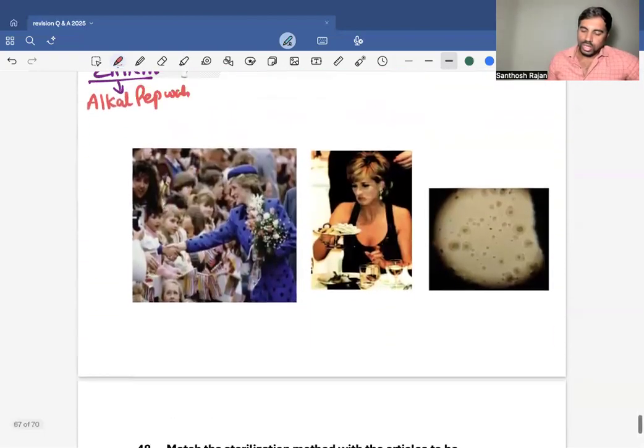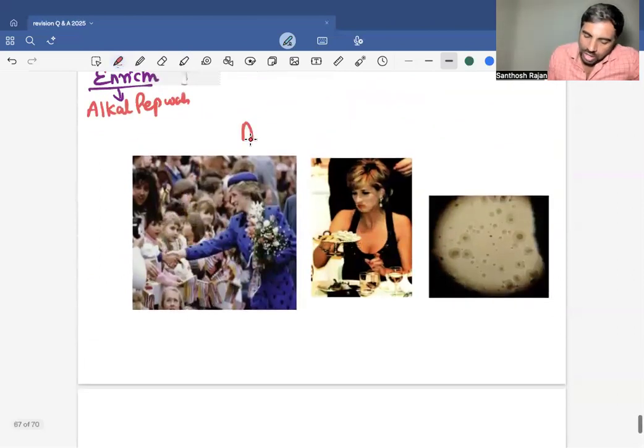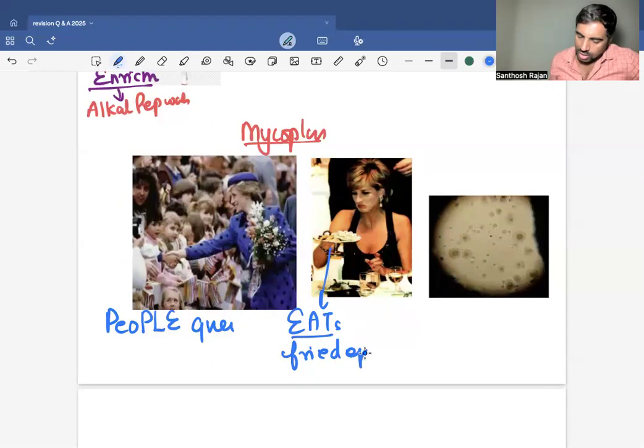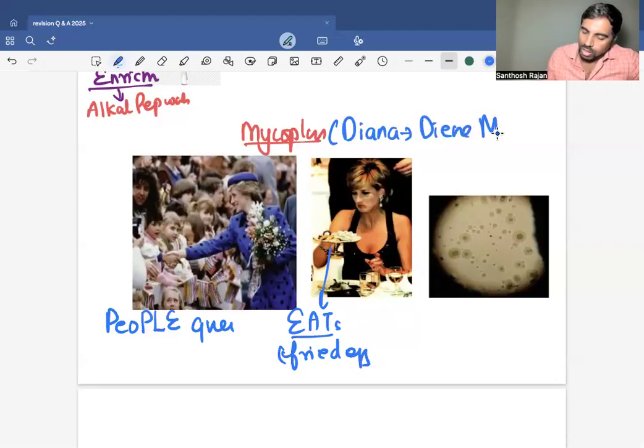Again, Diana: when Diana comes, always remember Mycoplasma. She is people's queen. She eats a lot of fried egg. Why Diana? Because we have something called Dienes' method in Mycoplasma, staining the colony with methylene blue.